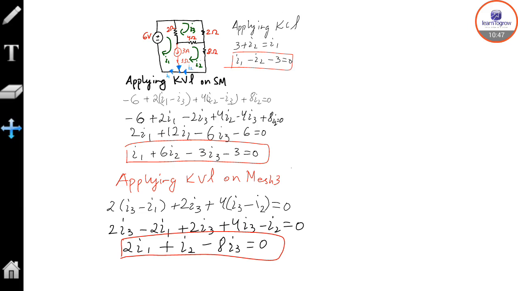Matrices is a good way to solve these three equations if you don't have a calculator. You can solve I1, I2, and I3, all three values. If you want me to solve this from matrices, you can ask me in the comment box.